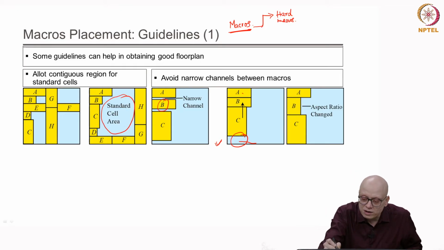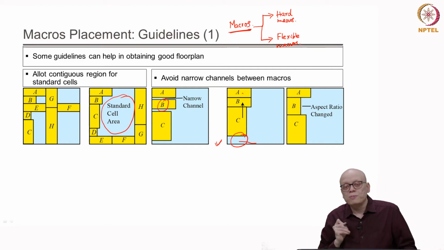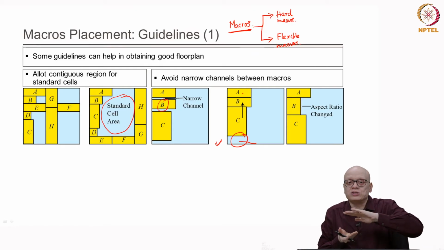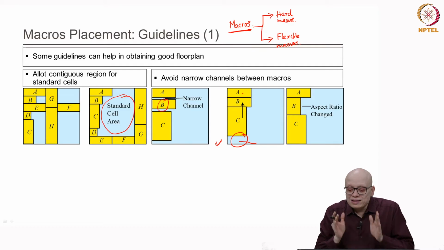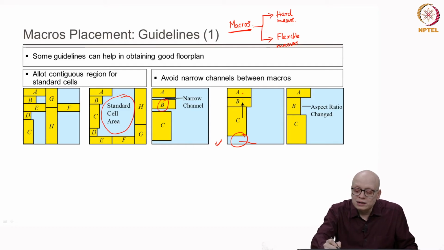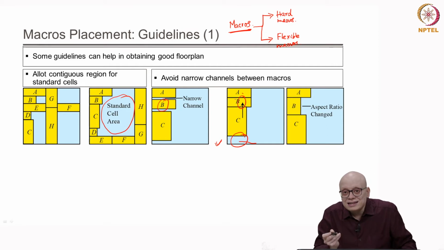But there are some macros which are known as flexible macros. For these kinds of macros, we are allowed to change the aspect ratio, keeping the area the same. So, if B was a flexible macro, in that case we can resize it or change the aspect ratio.